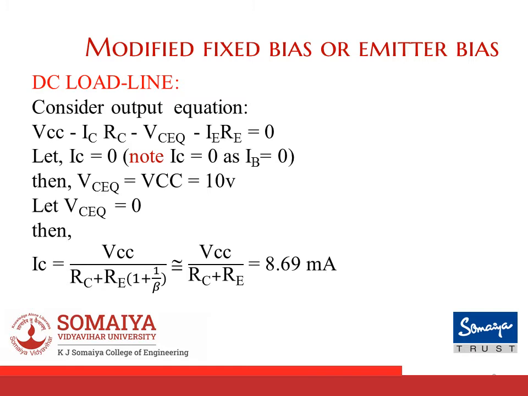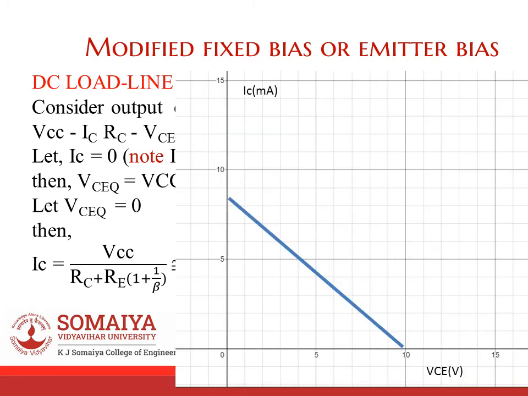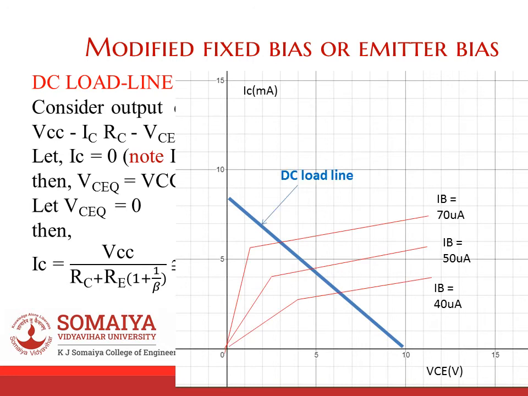Next, when VCE is equal to 0, IC comes out to be VCC upon RC plus RE. We can plot them on the graph to find the load line. So this is the load line. Now you can see that the saturation current IC has moved from 10 milliamperes to 8 milliamperes, right? So this is my DC load line. I know when I plot the characteristics over this DC load line, the intersection gives me the Q point.